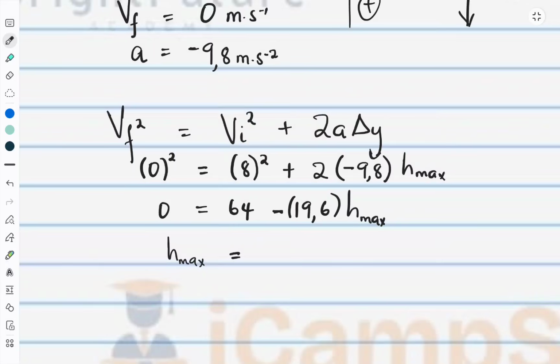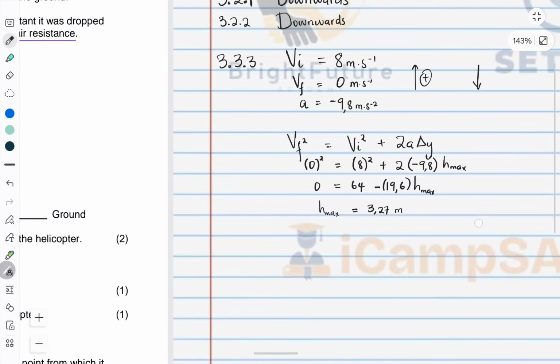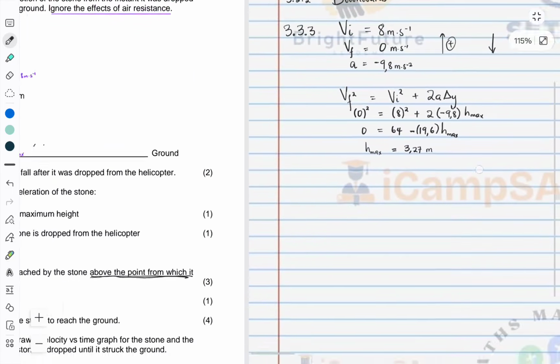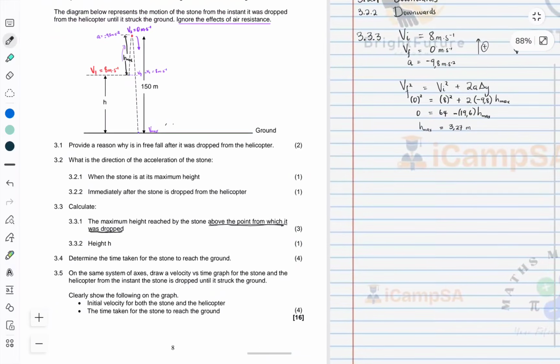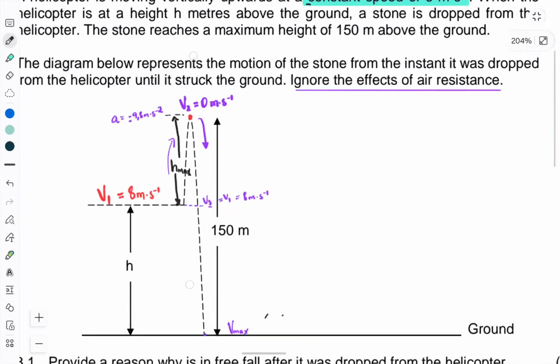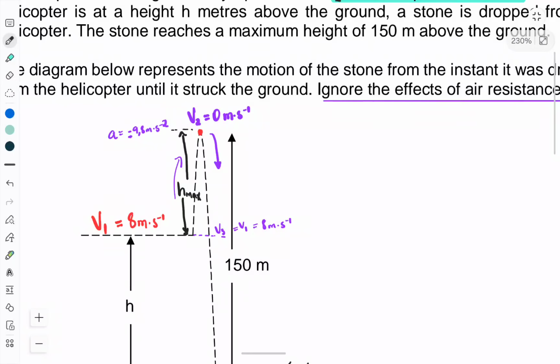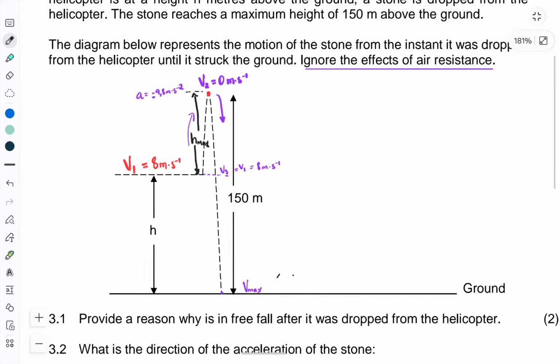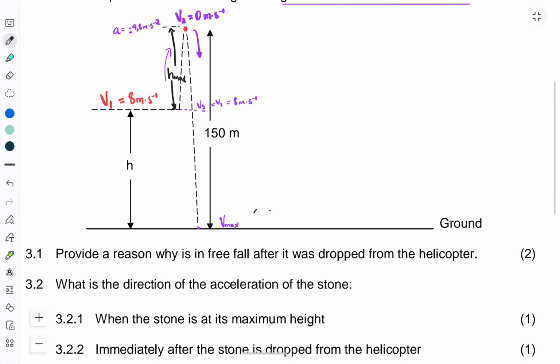I will skip that step for now, but you can do it step by step, and then you get 3.27 meters. Remember, if you leave out your units, your answer is incomplete, and it's very much wrong. You can't exclude units. So that's how you would find the maximum height. That's one way that you would use to find it. Usually that's the most common way or the easiest way to find that one.